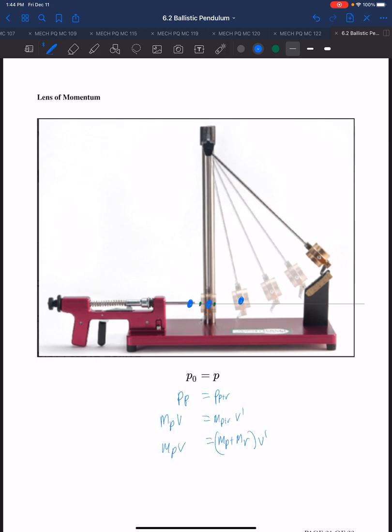So if we measure the velocity beforehand, and we can measure the mass of the projectile and the mass of the receptacle, we could then solve for v prime, and v prime would be MPV over MP plus MR. And so when we look at this overall, we probably recognize this of our two types.